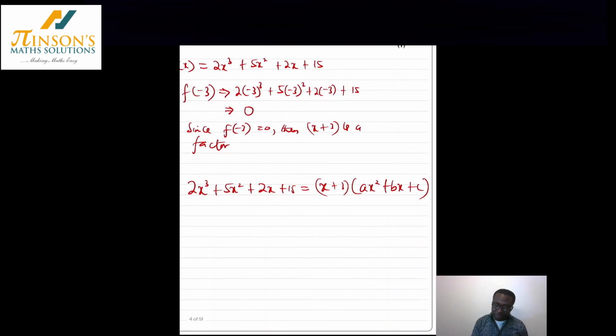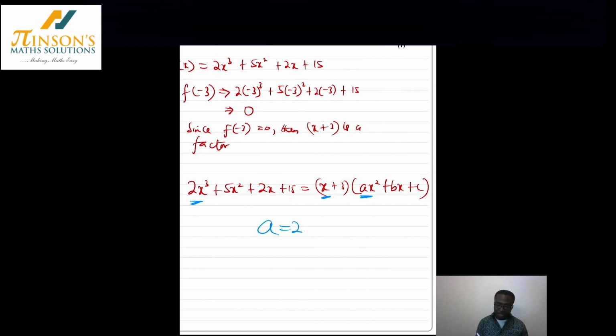Okay, you can notice immediately from here, and this is very important to pay attention to, that to get 2x cubed, I need to do this x bit times this bit, for the x and the x squared bit will give me x cubed. Therefore, it makes sense to say that a is 2, because when 2 is there, we'll have x times 2x squared, giving us 2x cubed.